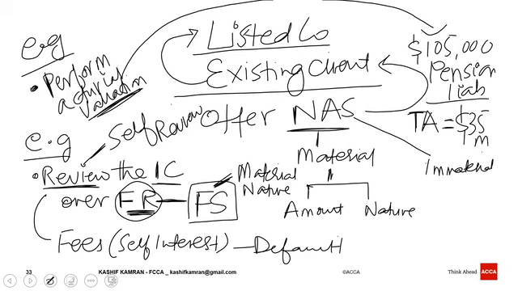Now, you can divide $105,000 of a pension liability with $35 million of the total assets, and you can conclude very easily that this is immaterial. So can I perform an actuarial valuation for a listed company? Yes, provided the amount is immaterial.